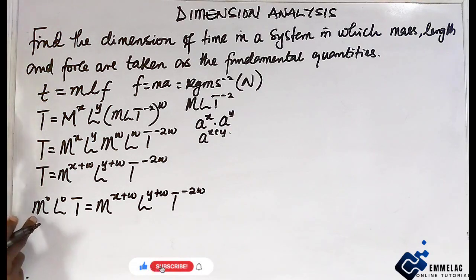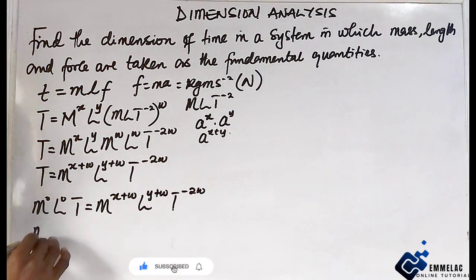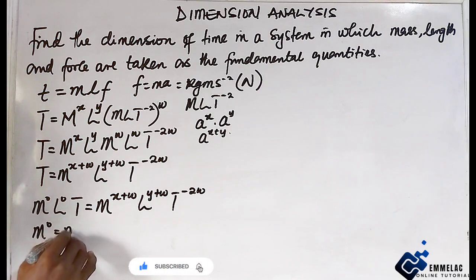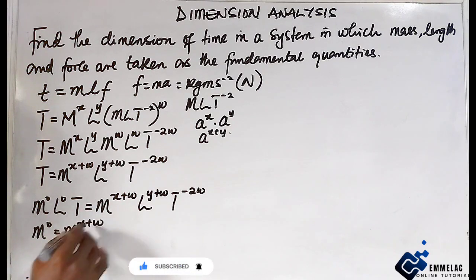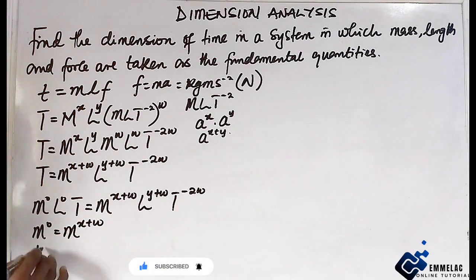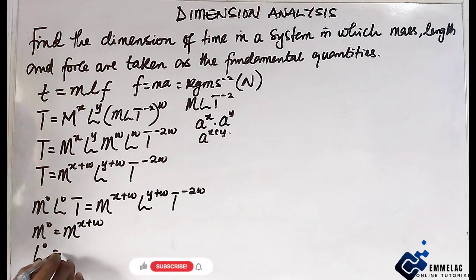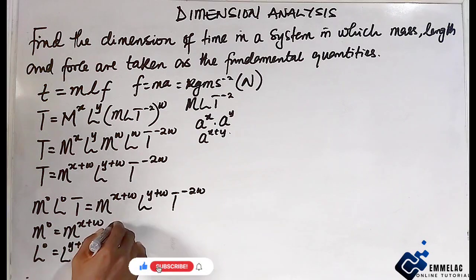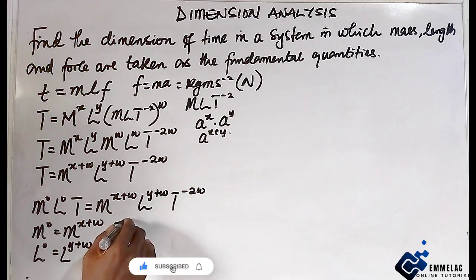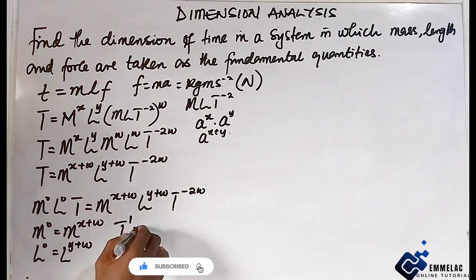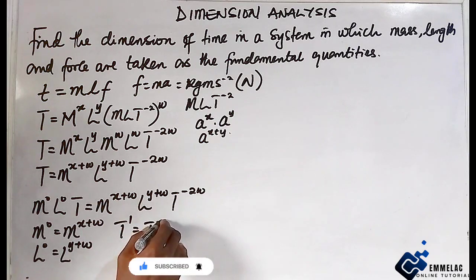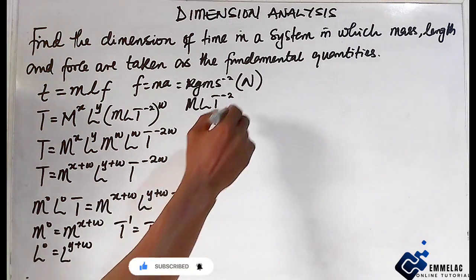For M, we have M raised to the power of 0 equals M raised to the power of x plus w. Then L raised to the power of 0 equals L raised to the power of y plus w. And for T, we have T raised to the power of 1 equals T raised to the power of minus 2w.